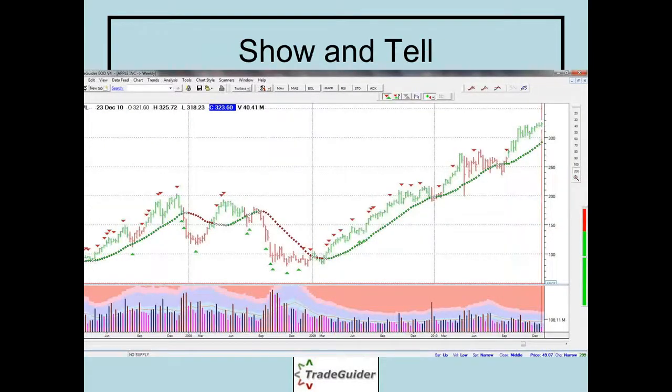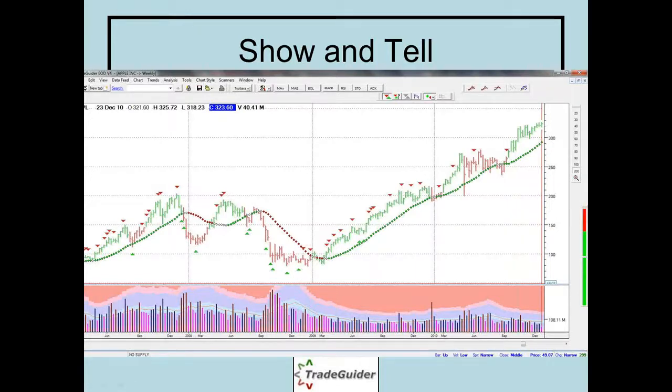Show and tell. The first thing that I'm noticing is a giant ultra high volume skyscraper bar. It is exceptionally high, and you can tell it's the highest one across the entire volume. It tests again here for the second time, and then it tests here for the third time.